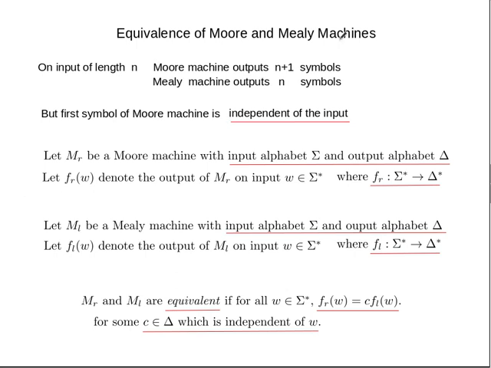But we have already emphasized that in a Moore machine, if the input length is n, then the output length is n plus 1.